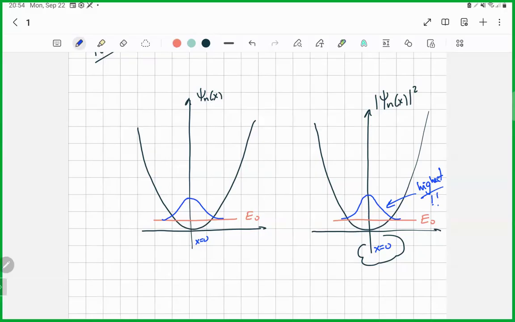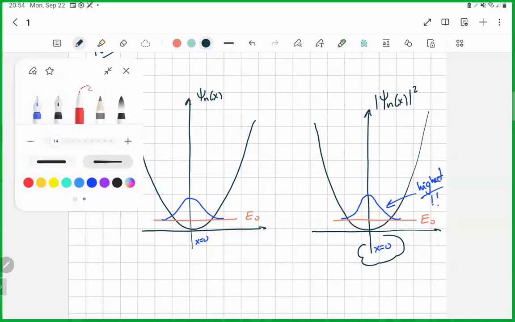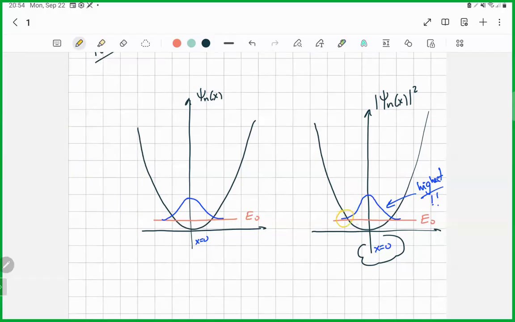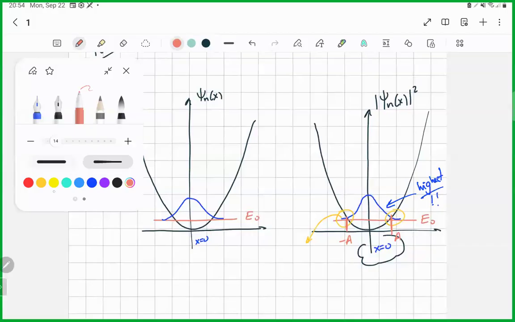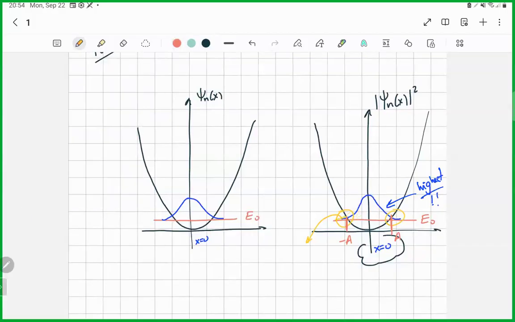And there is one more very interesting thing. Look at this. Let me put this in red. We have here tails. So this point here is minus A classically, and plus A classically. But you see that in quantum mechanics, there is a tail going beyond.